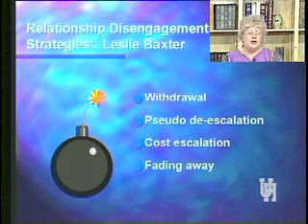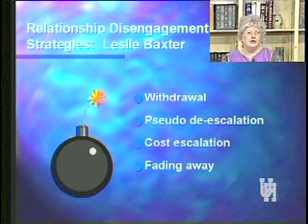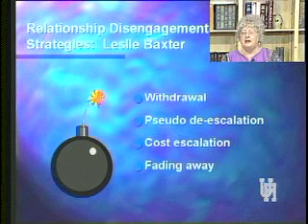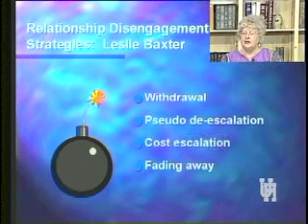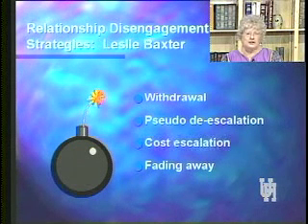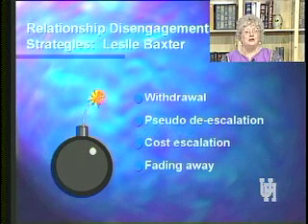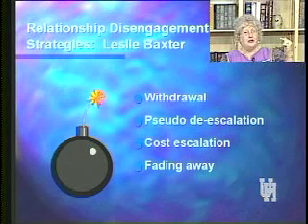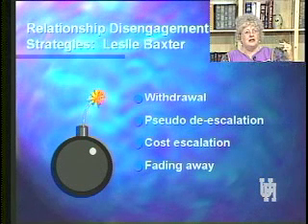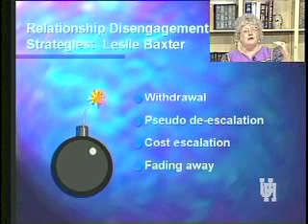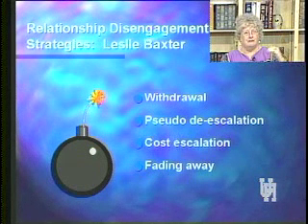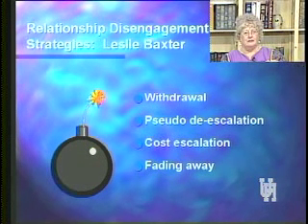Okay, fading away is the two-person version of withdrawal. And we need to note back up in the title that these are strategies, not stages. When we have something like Knapp's 5 stages, Duck's 4 stages, when you've got stages, you have to progress through those stages, one after the other, in order.